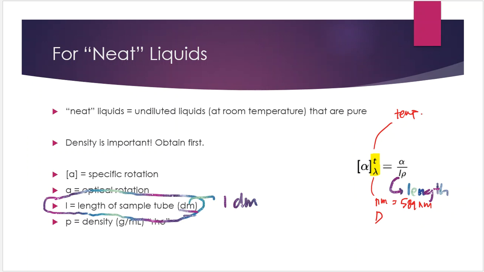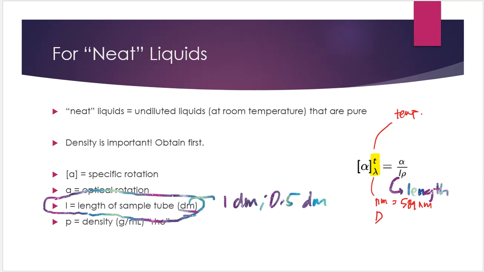And that makes this very easy because that means that in this equation, whenever I see the L, that L is a 1 unless I've used something different. So in our lab, we have 1 decimeter tubes, and we also have 0.5 decimeter tubes. And it really just depends on what we need at the time. So we'll be flip-flopping back and forth with that sometimes, but the go-to here is 1 decimeter in total length.